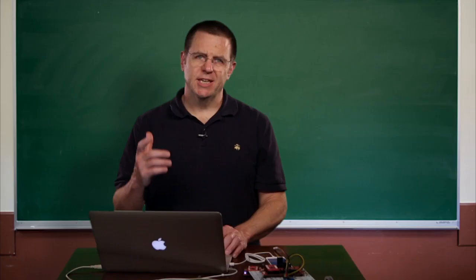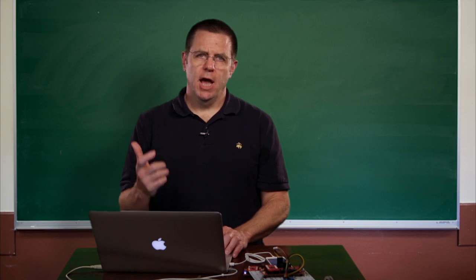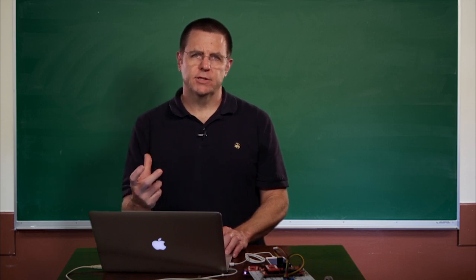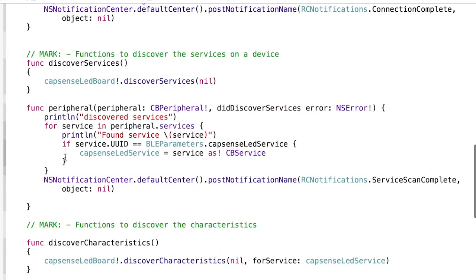And what it does is it adds a list of CB services and it attaches those CB services to your peripheral object. You can then iterate over all of the services and you can look at each individual service.